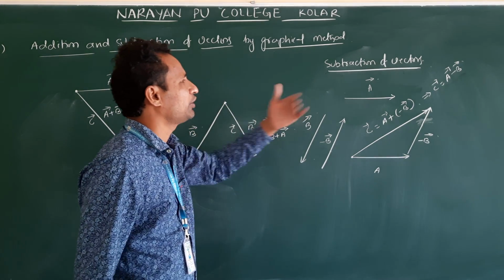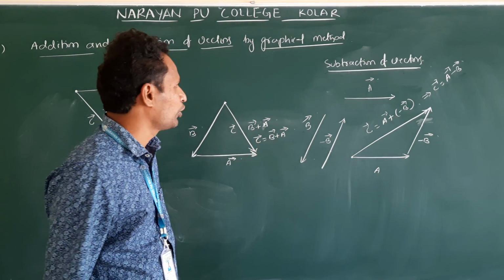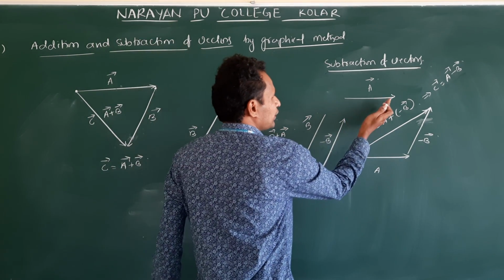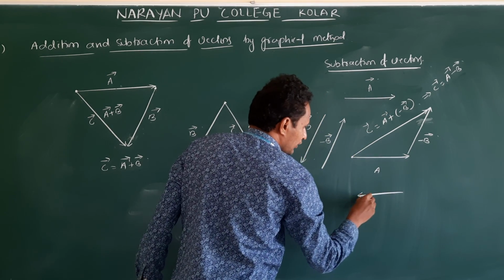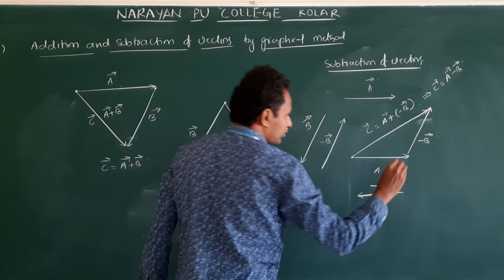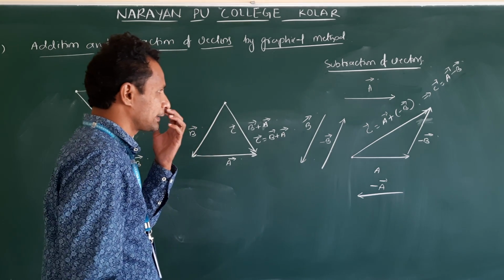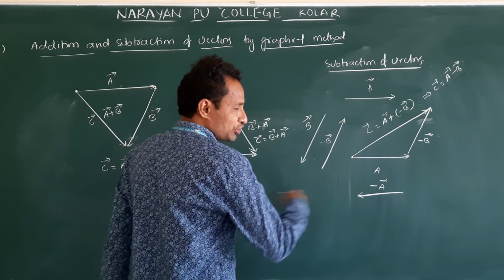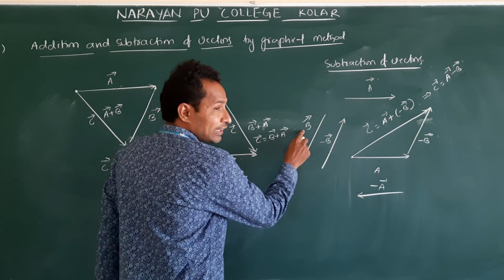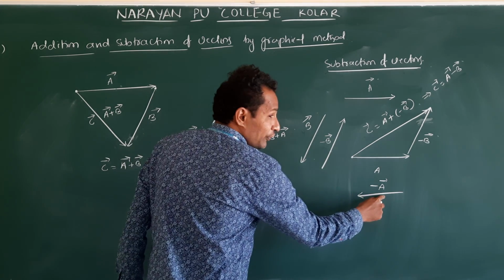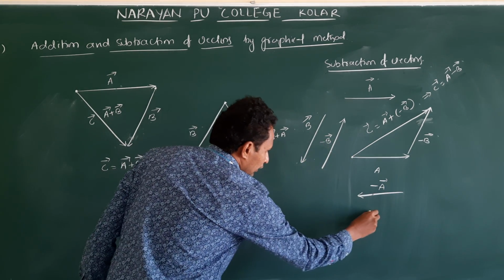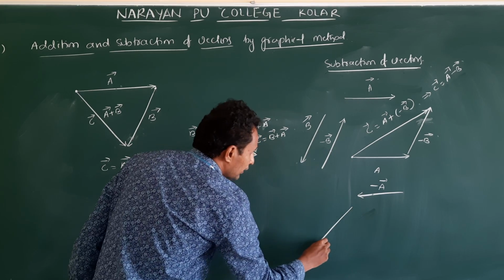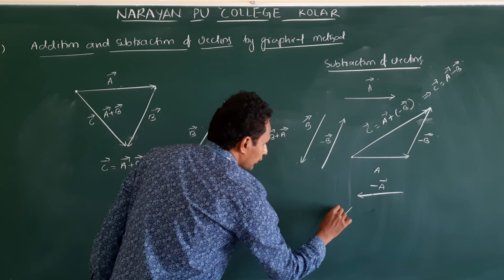And similarly you can do B minus A. How do you do B minus A? First we reverse the A, then this is A, reversed, it will become minus. Then what we have to do? We have to shift this. This is plus B vector, the initial vector. This is reverse A. See, I am shifting this up to here. This is initially B, right?